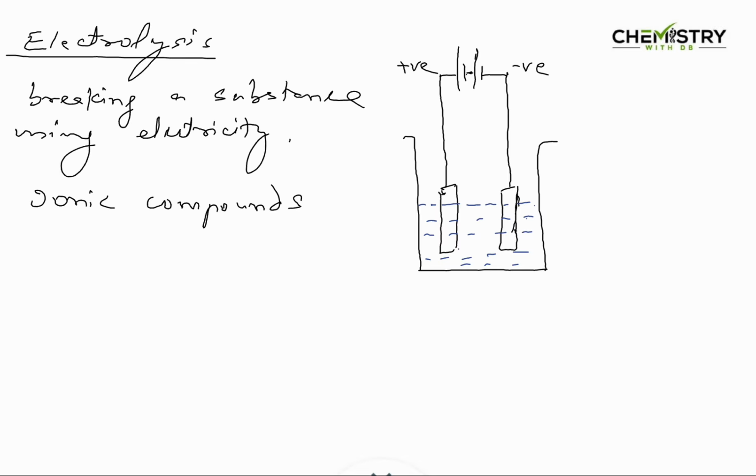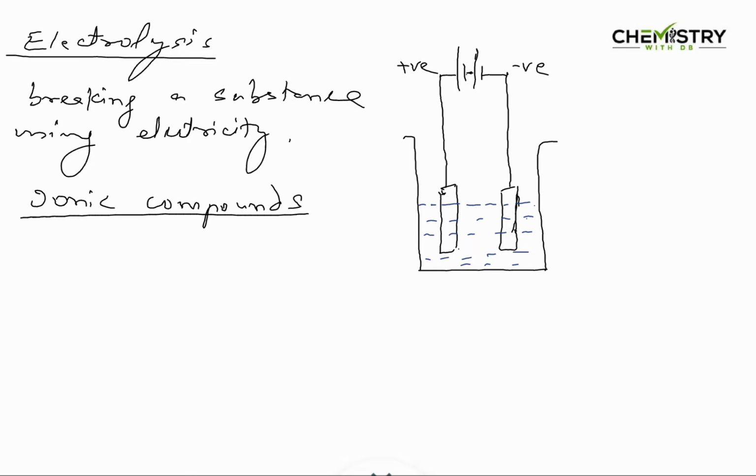Let's say for example we are trying to electrolyze molten copper bromide. Now you know that ionic compounds have a giant ionic lattice structure. That means the ions are held together in a lattice, both the positive and negative ions. In solid form, the ions are not free to move, so electricity cannot be conducted.